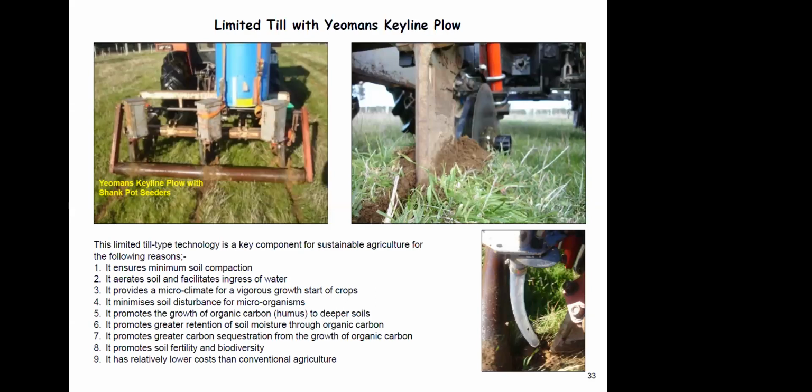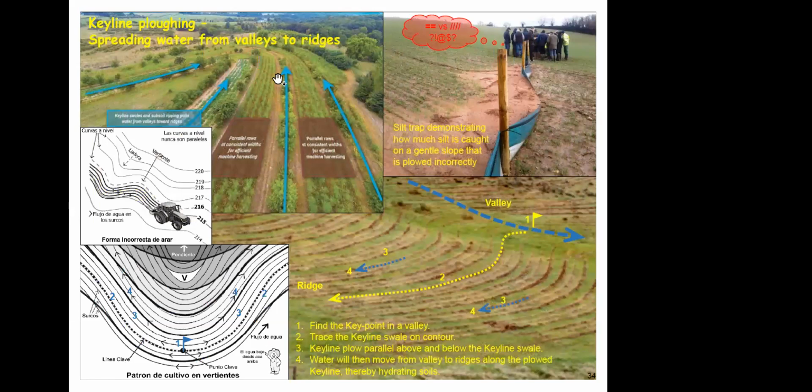Now, very importantly, we plow along the contours, along the keyline contour, in fact, not up and down vertically. We won't go into a deep discussion on how to plow properly, but I just want to leave you with a thought. How many vineyards do you see running vertically down the landscape?